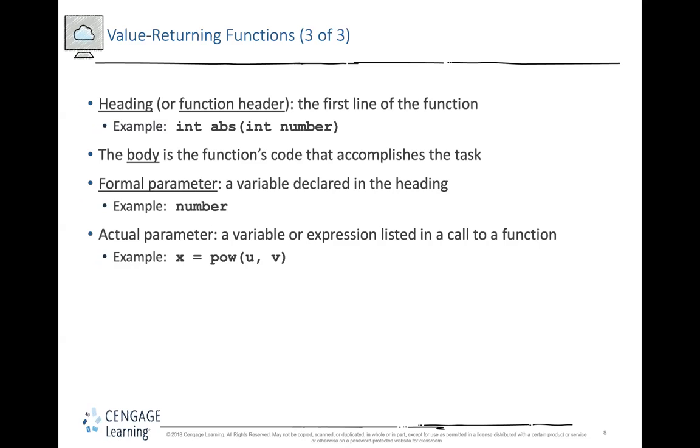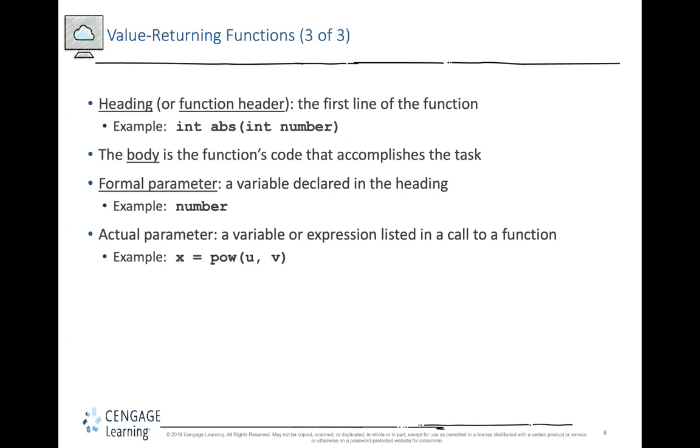Structurally, a function has a heading. This is an example of a heading. This is just calculating the absolute value. You're passing a parameter, an integer, and it's going to return a value, which is also an integer. So this is a value-returning function.